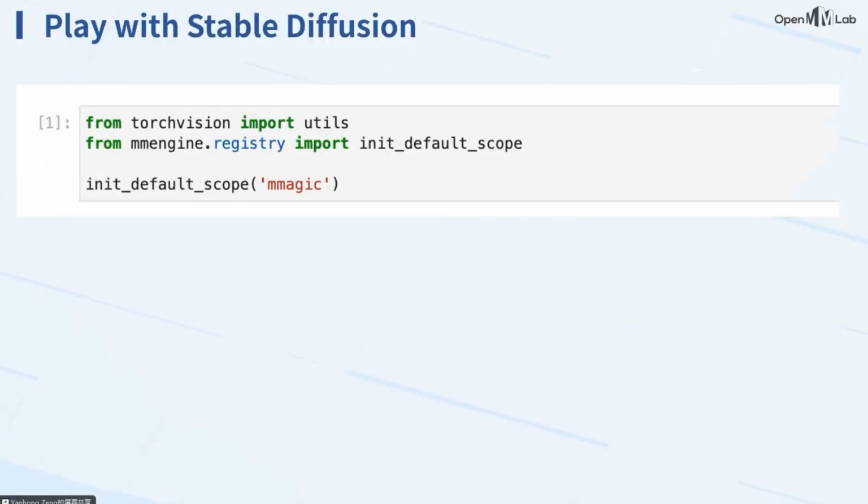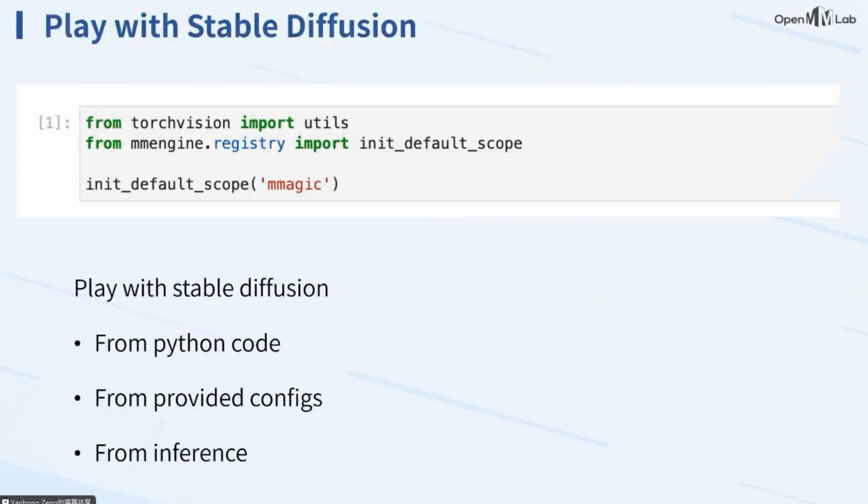Actually, you can also initialize the working scope as MMDetection, MMPretrain, and any other OpenMMLab libraries to easily use their modules. And then we show 3 ways to play with stable diffusion in MMagic.